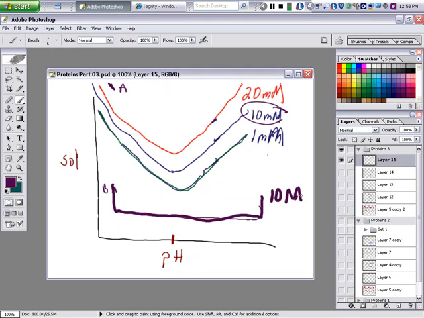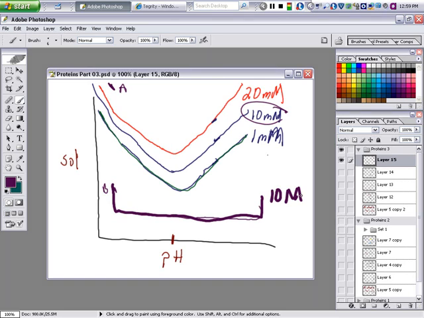Once you get to 10 molar salt, the protein never dissolves. It never dissolves around the isoelectric point or away from the isoelectric point. That's because at this very high concentration, all of the hydrogen bonding on the water is being used up by the salt, and there is no hydrogen bonding to make hydration shells around the protein. And so the protein does not dissolve in the solution.